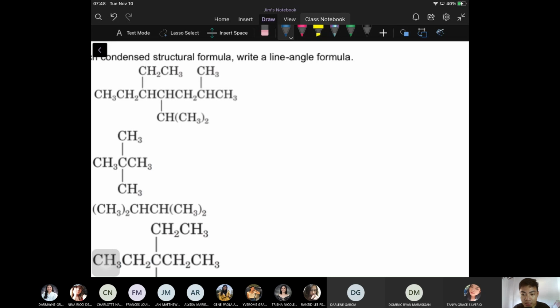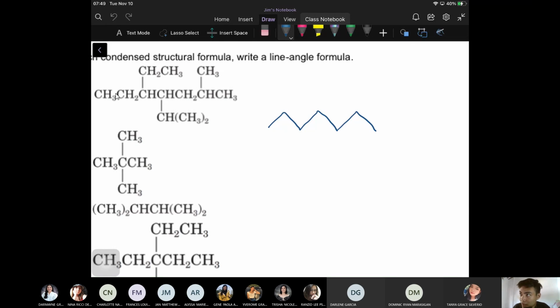Paano natin i-represent yan in a line angle formula? Zigzag yan na may 7 points. No? 1, 2, 3, 4, 5, 6, 7. Okay? Ayusin ko lang. Okay? So, ito yung 7 carbon chain dito. Ito na yan kapag ginawa zigzag. Again, at each point of your zigzag, may carbon. 1, 2, 3, 4, 5, 6, 7.